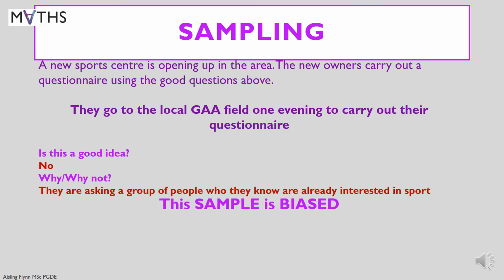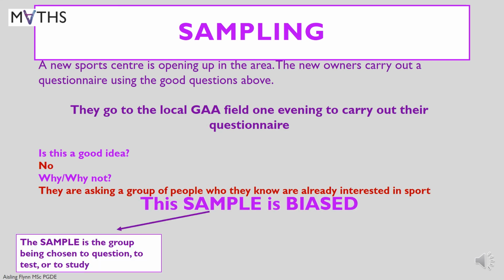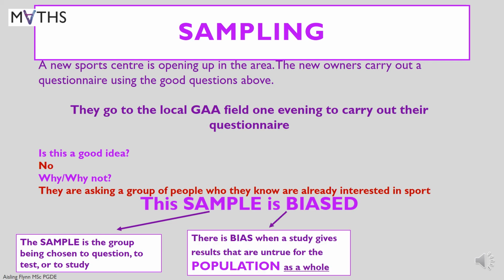Now, what does that mean? The sample is the group being chosen to question, to test, or to study. You can't ask absolutely everybody in the area because there's too many, but you can ask a smaller group that represents the full population. There is bias when a study gives results that are untrue for the population as a whole.